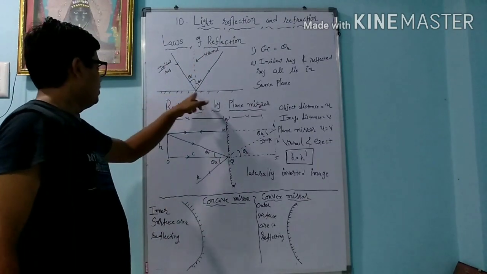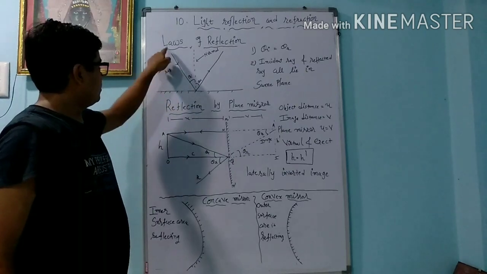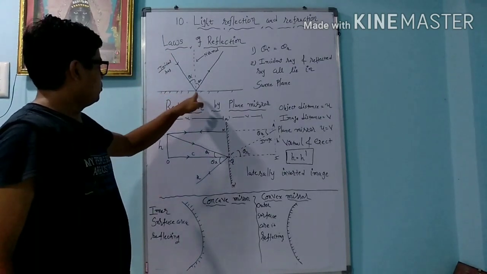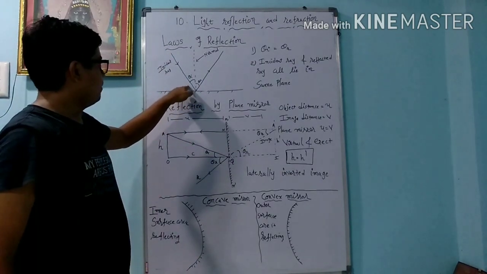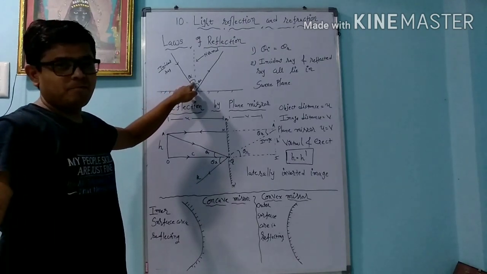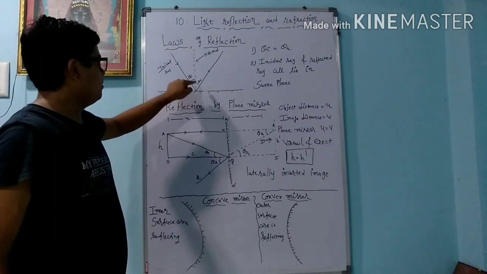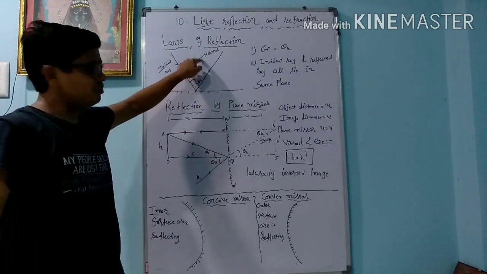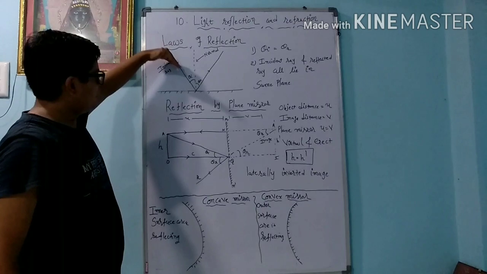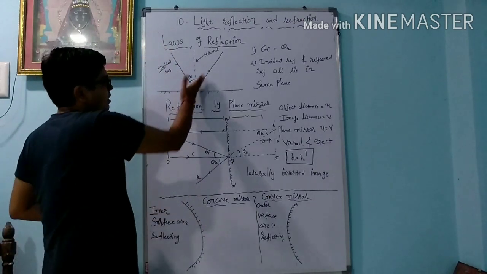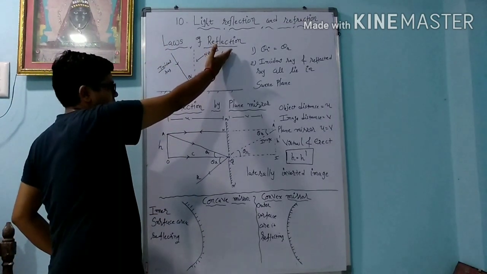If a ray of light falls on the surface, it makes an angle theta i, and that angle you measure from an imaginary line called the normal. As the ray of light, the incident ray, falls on the surface, it is reflected in another direction.